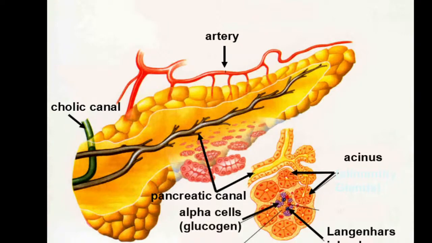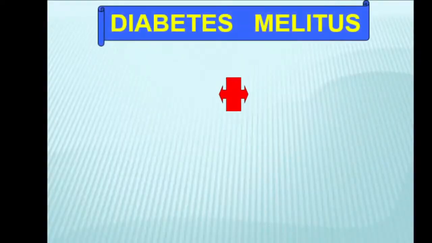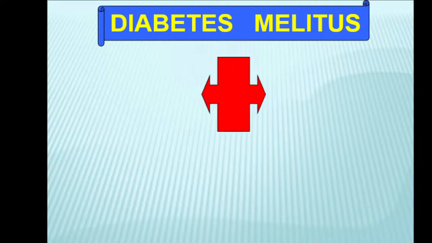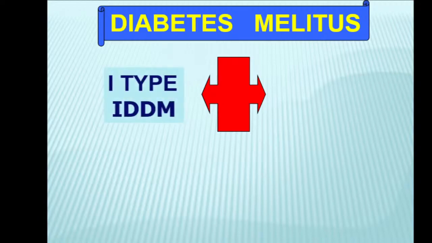Disordered function of the Langerhans islands, the beta cells, may mean decreased activity or disordered sensitivity of the cells to insulin. Patients go to the doctor with symptoms of diabetes mellitus. Depending on the activity of beta cells, diabetes mellitus is divided into two types.